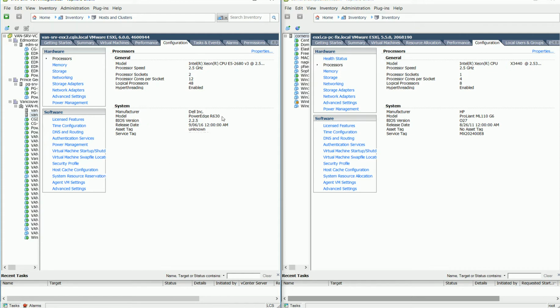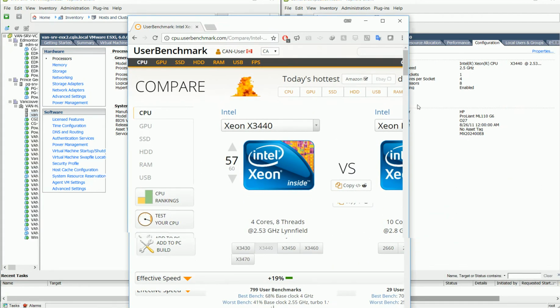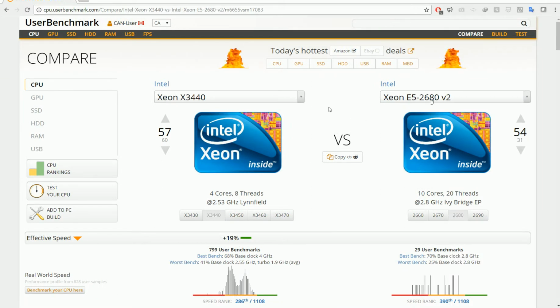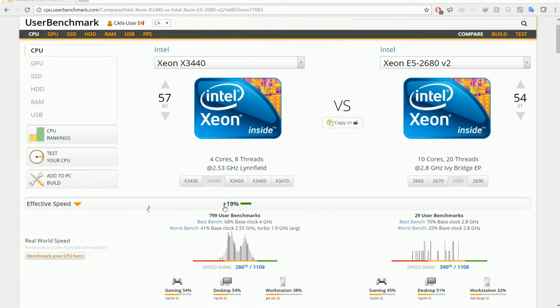If I simply compare the CPU itself, I put the CPU marking here so you can see that even my entry-level CPU is faster. I don't know how to call it, but the efficient speed is plus 19%.